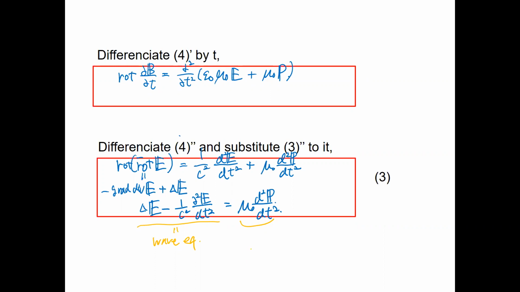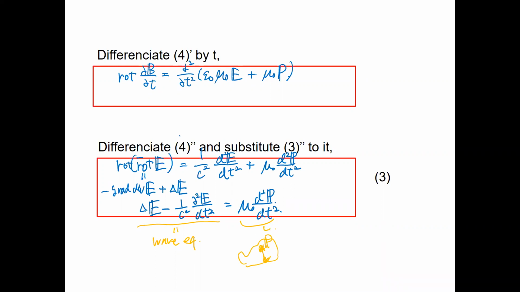So if you have an object with some sort of polarization oscillation, some motion or shape change, whatever it is, the polarization could induce the electric field, right?